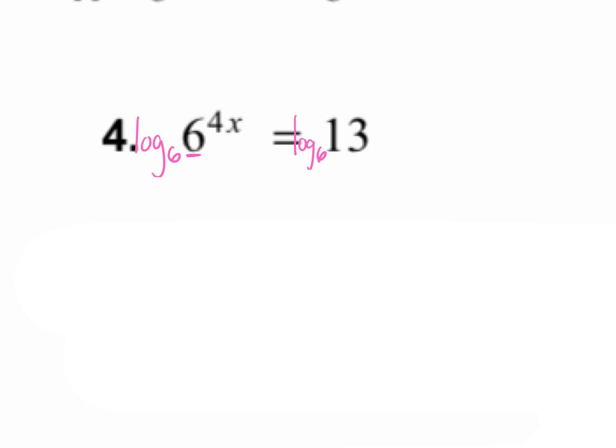Whatever we do on one side, you have to do to the other side. So on the left side, what happens? Log base 6 of 6 cancels, and we're just left with 4x. On the right side, what would I do with log base 6 of 13? How do I put it in the calculator?